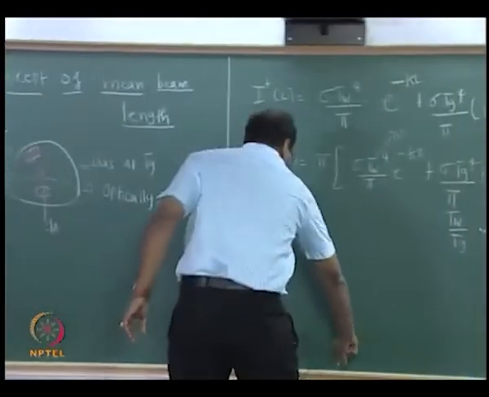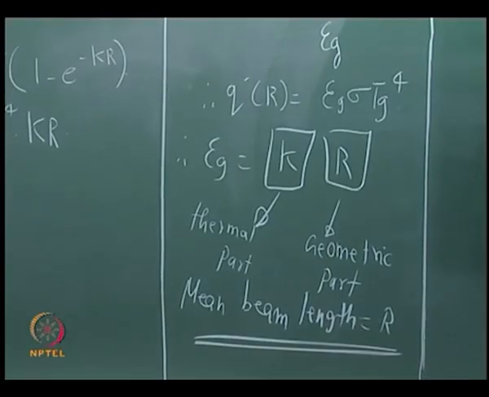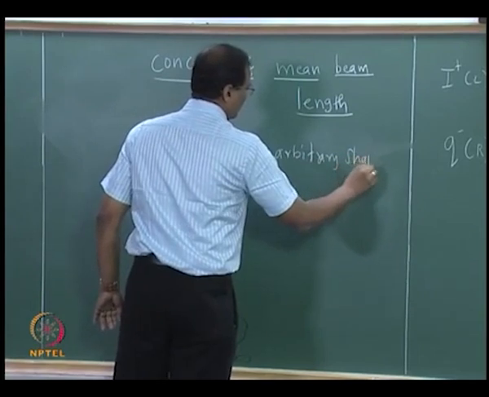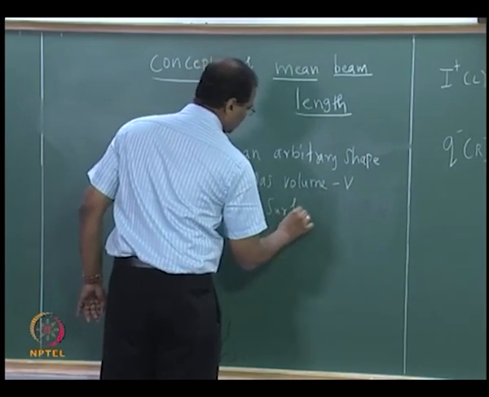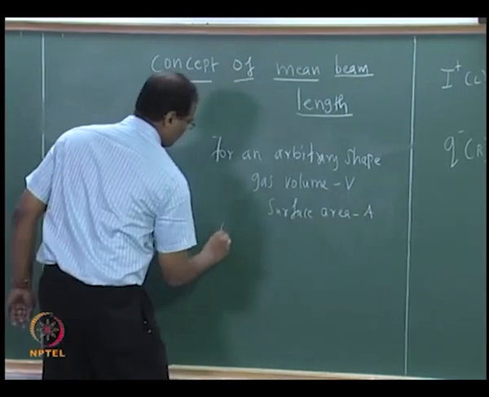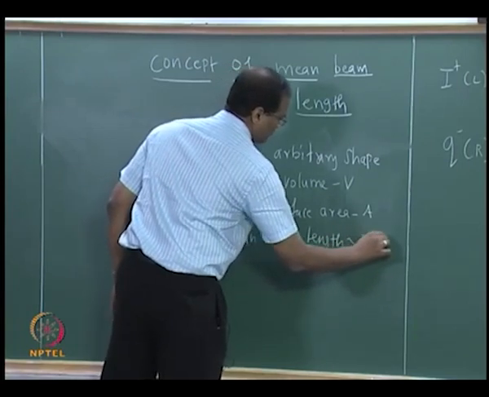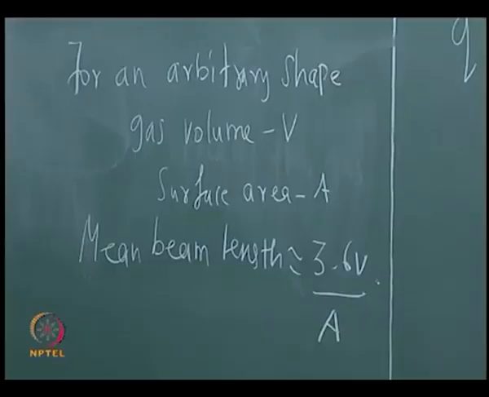The mean beam length is 3.6 times V by A. If you apply the 3.6 V by A for the plane gas layer of thickness L, what will you get? 1.8L.